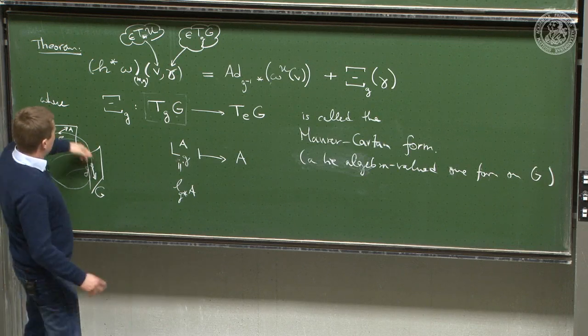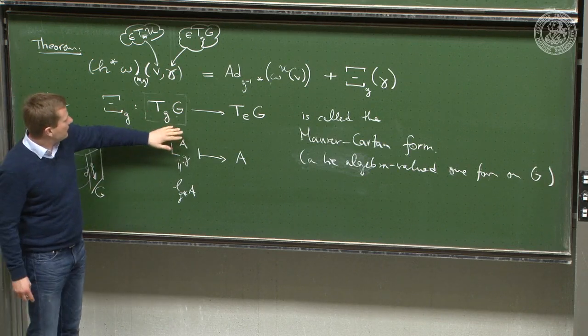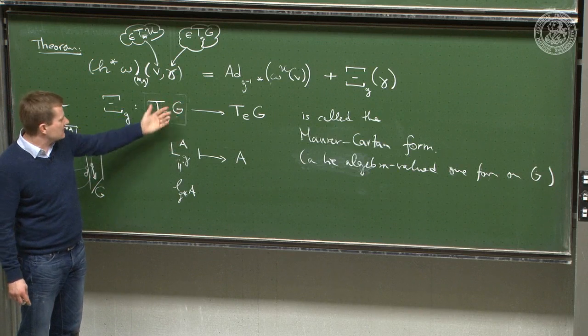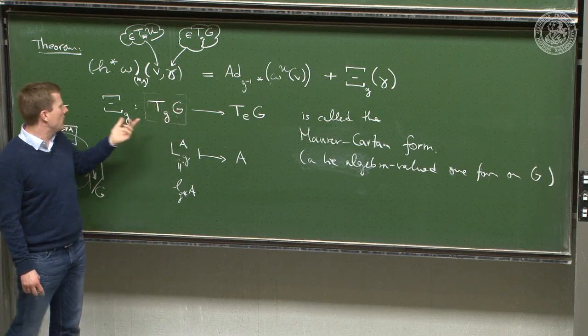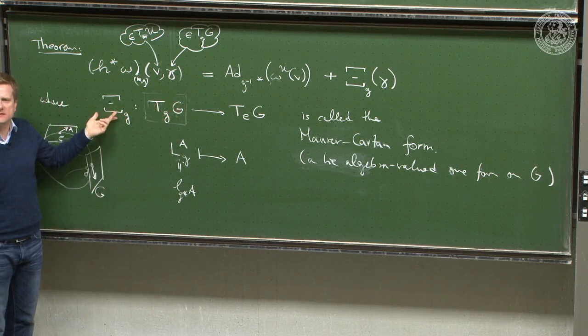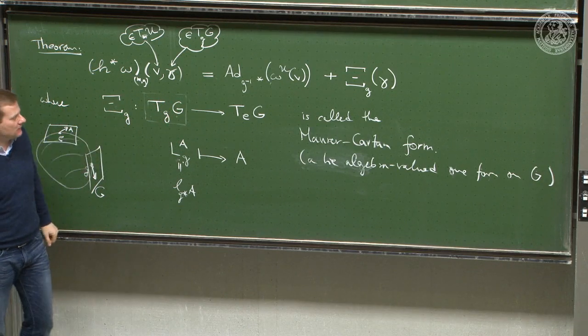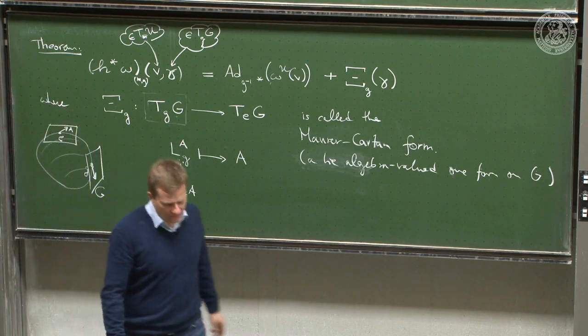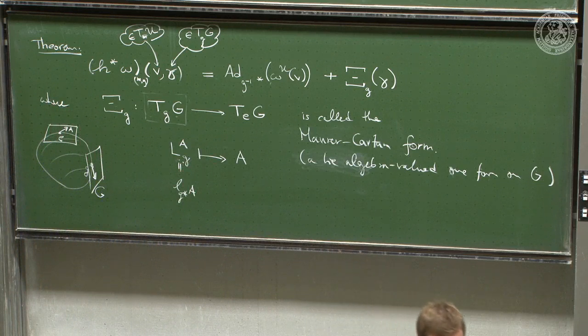But you already see from my explanation or from what we did before, this is fixed. This is a property of the group, what its Maurer-Cartan form is. And I'll give an example in a second of how, for example, the Maurer-Cartan form for, say, the general linear group looks like and how one calculates it. Okay, good. So, questions so far?